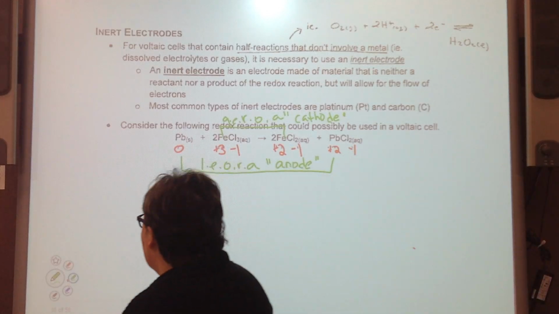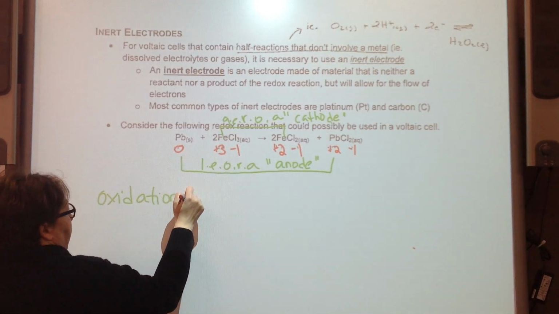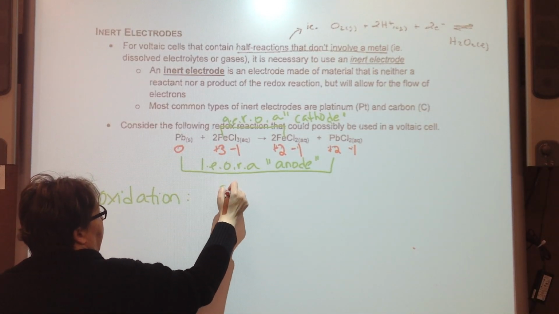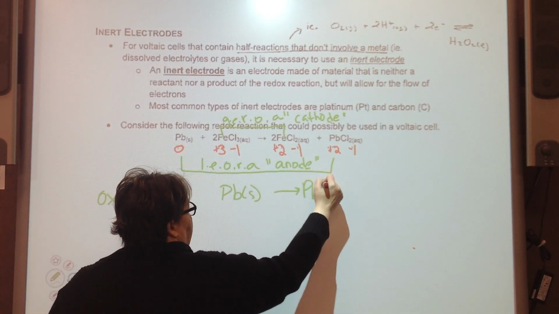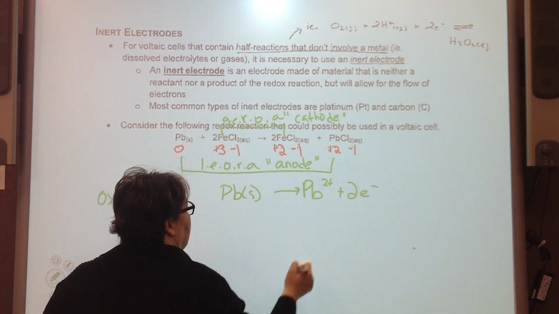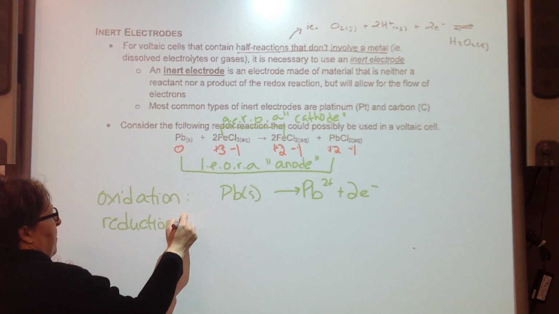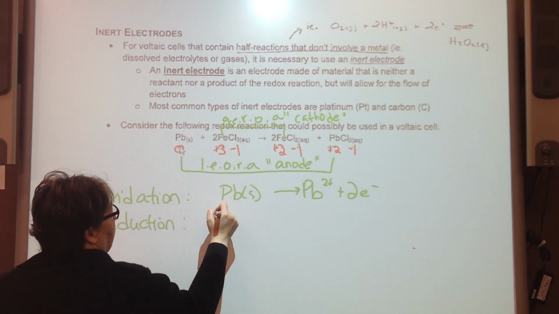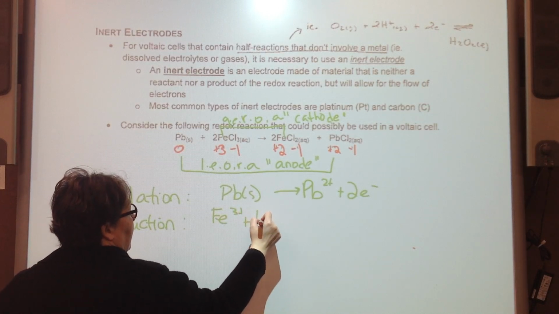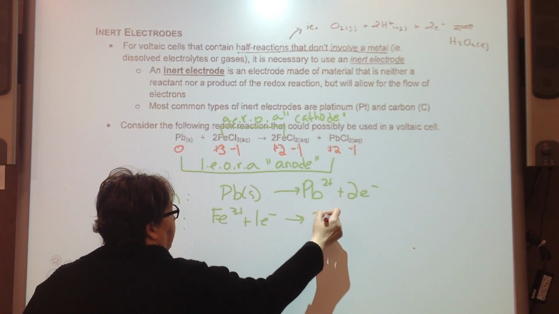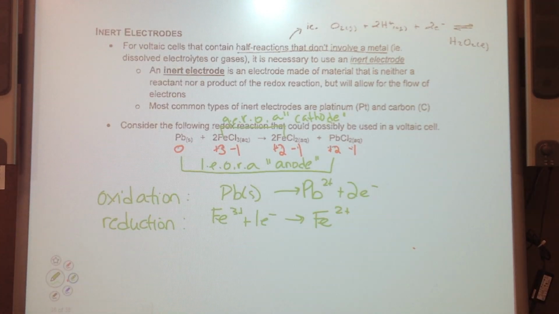So oxidation is going to see lead going from Pb as a solid to Pb2 plus 2 electrons. And we see reduction being Fe3 plus 1 electron going to Fe2 plus. Okay?